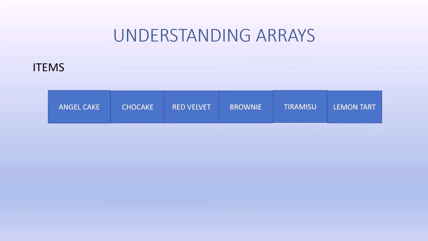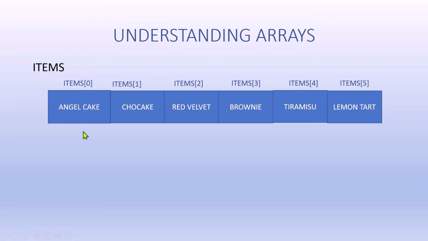Now, each of these elements in the array has a position, and as developers we can refer to them by their position. So for example, we would say items of 0, and that's the way to read it. Items of 1, items of 2, items of 3, items of 4, and items of 5.